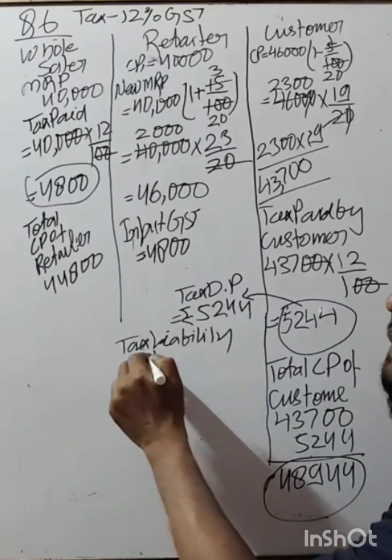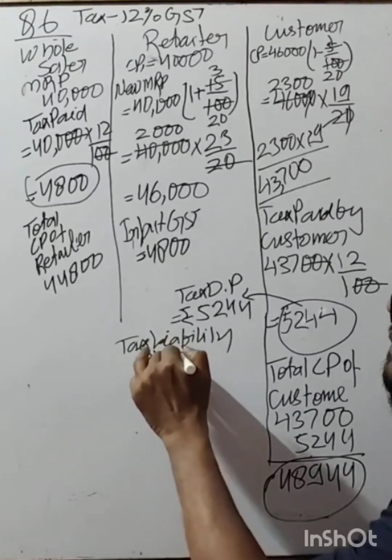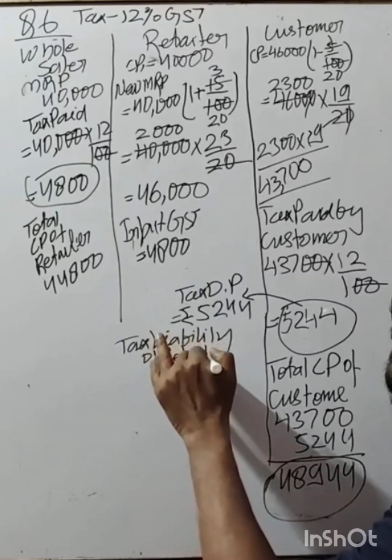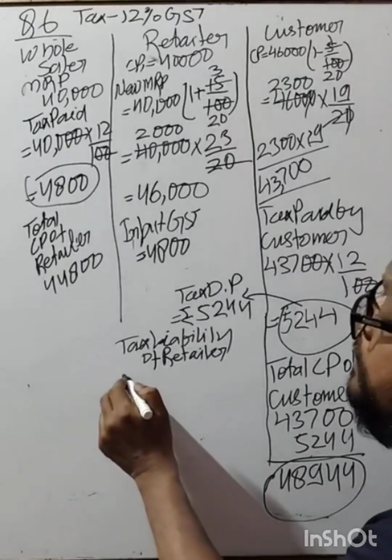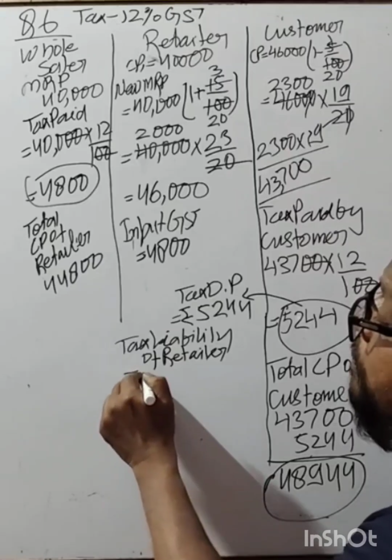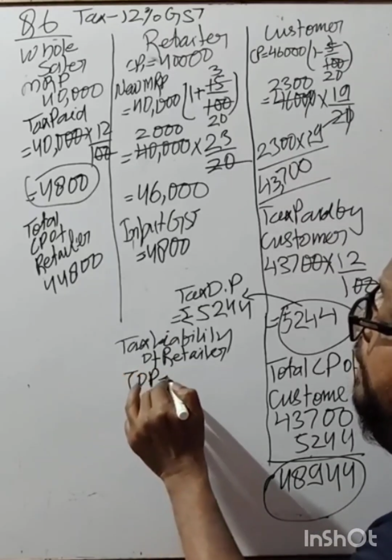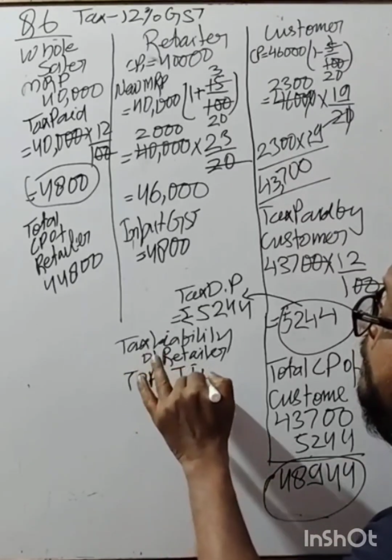And the tax liability of the retailer is equal to how much? Tax output minus tax input.